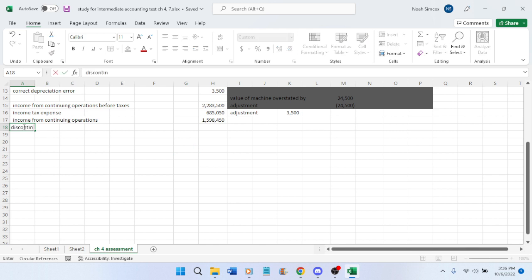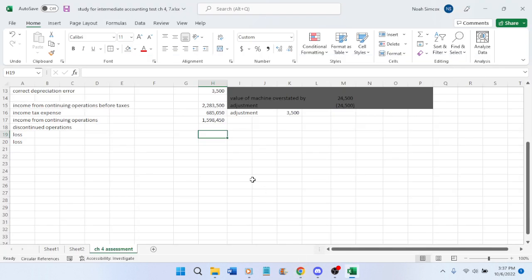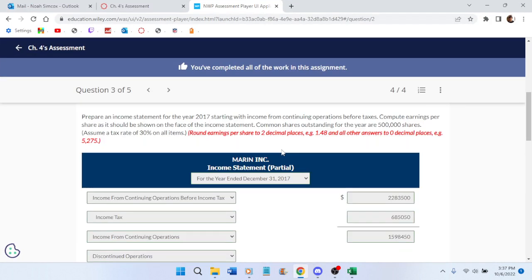So discontinued operations. I already know there's 2 losses, so we're just gonna write loss for both because I don't care. Hate everybody. I mean, I hate myself. Okay.